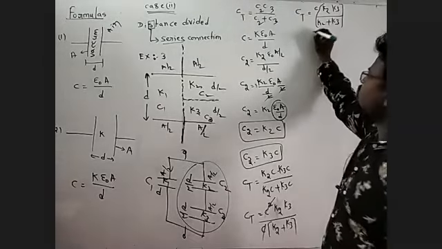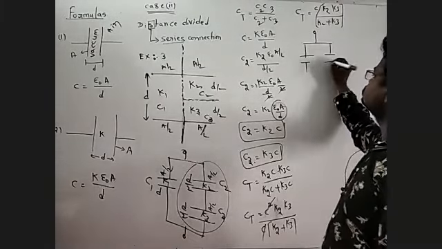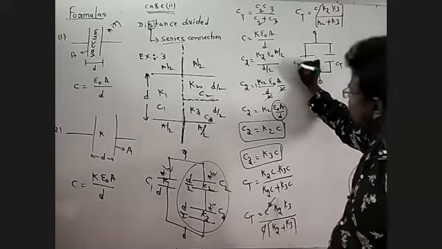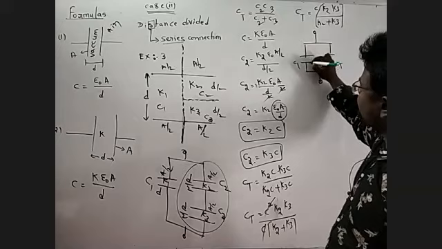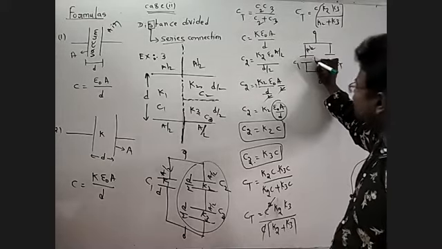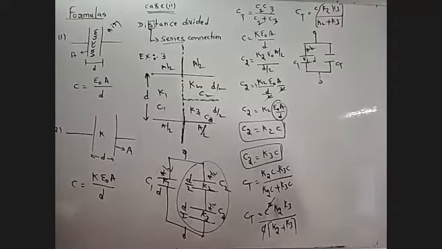Now the circuit becomes like this. This is C total. This is C1, with cross section area A by 2, distance D, and dielectric slab K1. Two capacitors in a parallel connection.